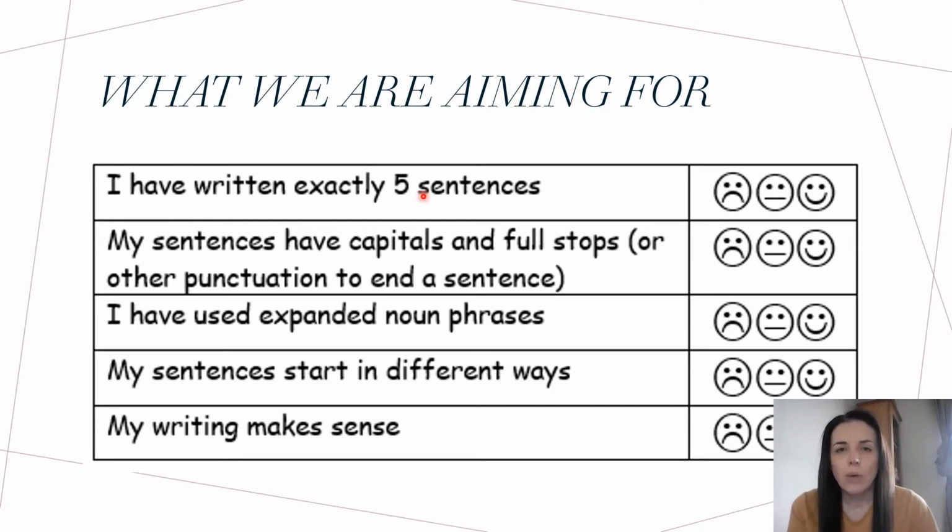Okay, so we'll do 5 sentences today, and we're also going to do this bit, making sure the sentences have capital letters and full stops or another punctuation to end the sentence. We're also going to be making sure that our writing makes sense. So quite a lot to fit in today. It's an important day in our writing, so I'll focus on it a little bit more.